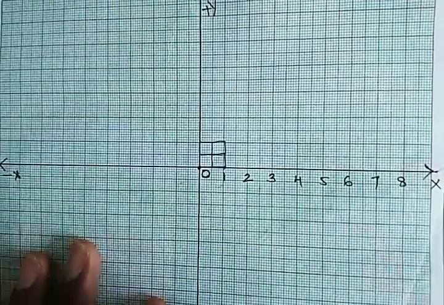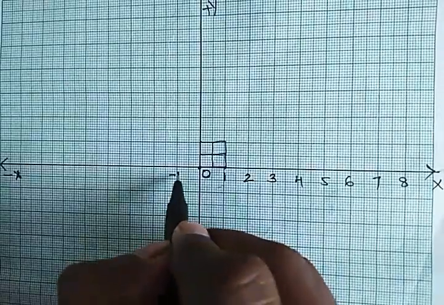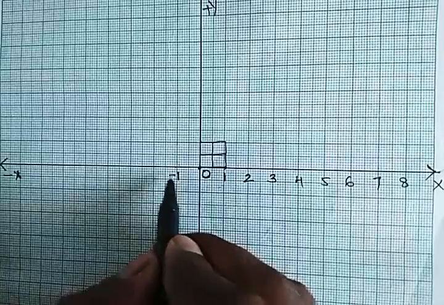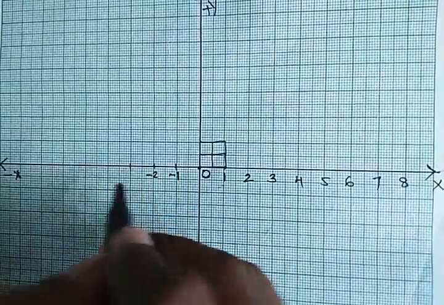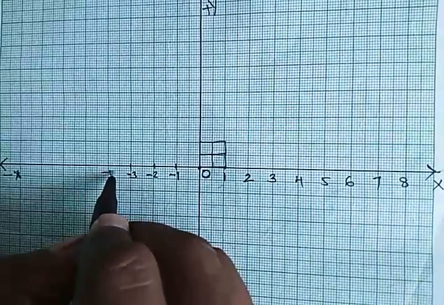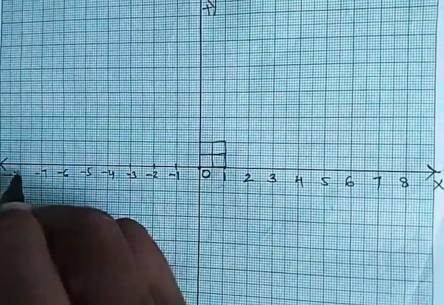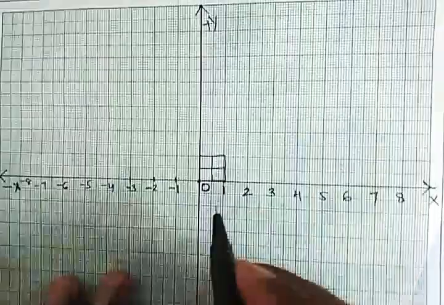And in the negative direction we have -1. When I write here -1, that means from this point to this point, this is -1. Here -2, -3, -4, -5, -6, -7, -8. And in the positive direction also I'm taking on y.